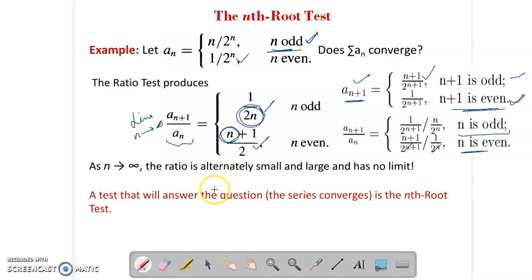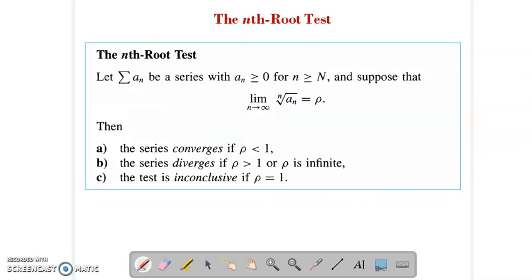So we need a test that will answer this question whether the series converges or diverges. That is the nth root test. Now we'll define what the nth root test is. The nth root test says: let summation a_n be a series with a_n greater than or equal to 0 for n greater than or equal to capital N. The ratio test allows the first few terms to be negative, but after a stage a_n is going to be greater than or equal to 0.